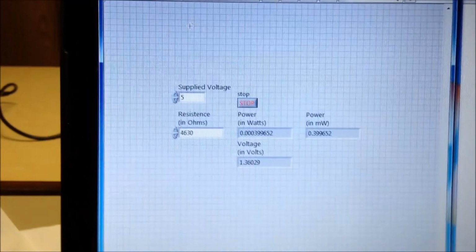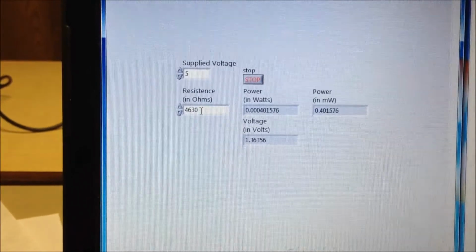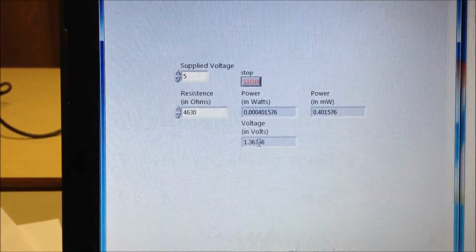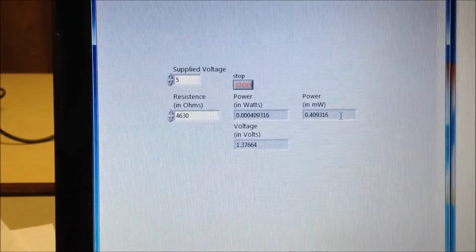So we can run this VI. We have our inputted resistance of 4,630, gives us a voltage of about 1.35 and a power of about 0.40 milliwatts.